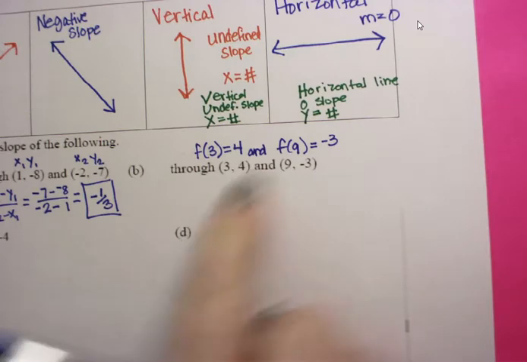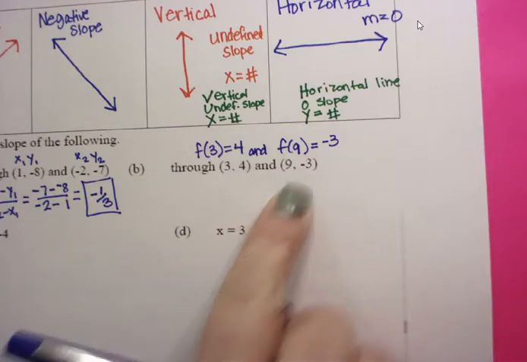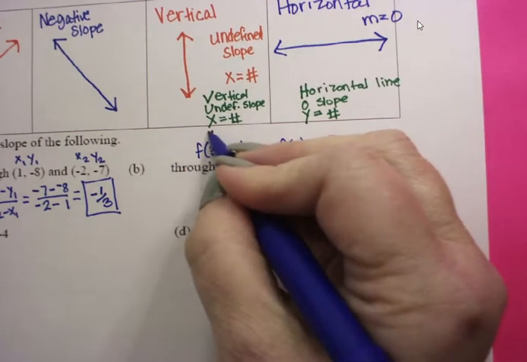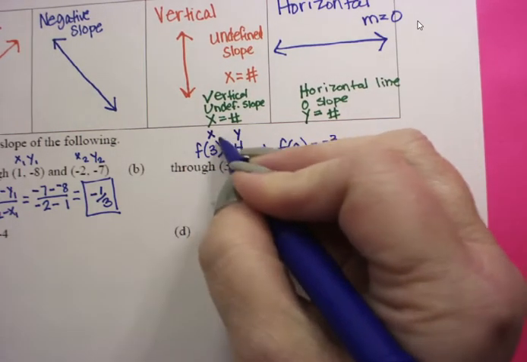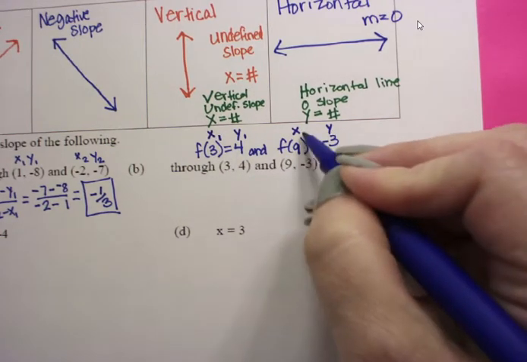This is the same thing as these 2 points. It's just written in function notation rather than as ordered pairs. So in this situation, you'll still do the same thing. This will be your x value. This will be your y value of your first point, x and y value of your second point.